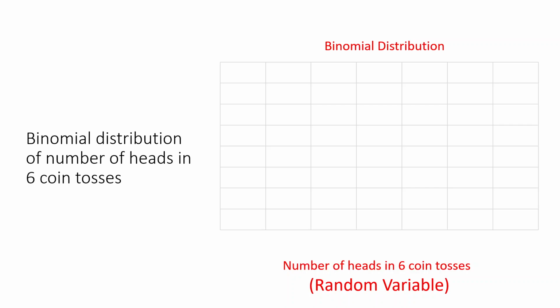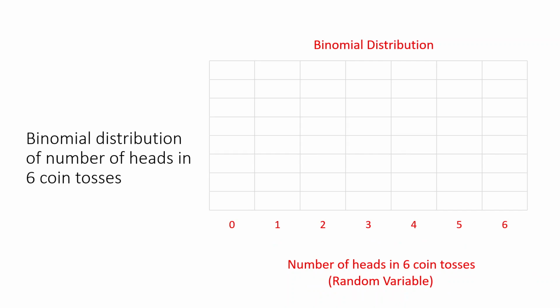If I toss a coin 6 times, I may get 0 heads, 1 head, 2 heads, and so on. I can get 6 heads in 6 coin tosses. So the possible values for the random variable can be 0 to 6.